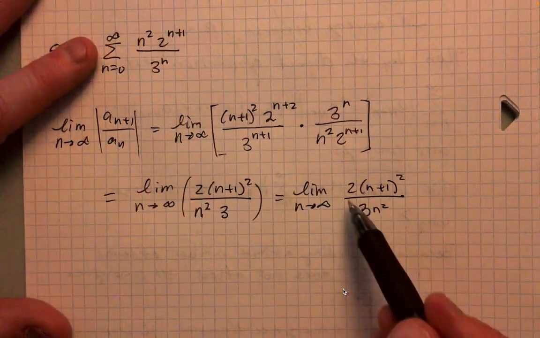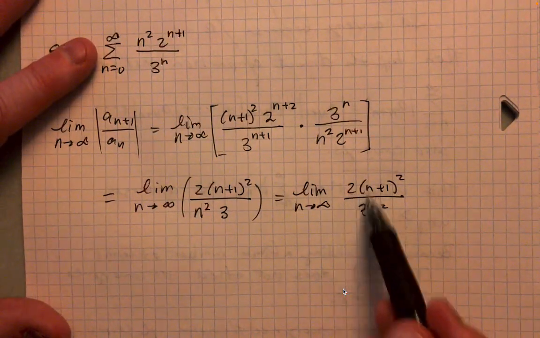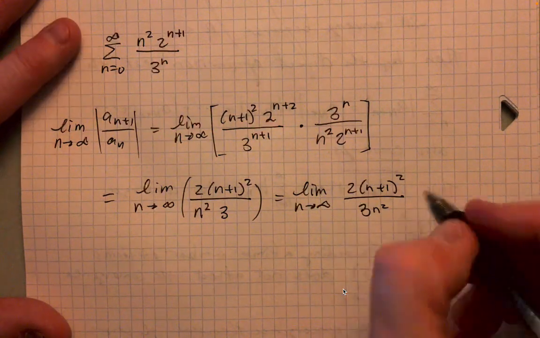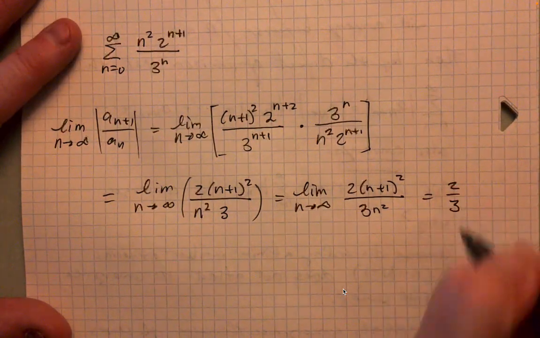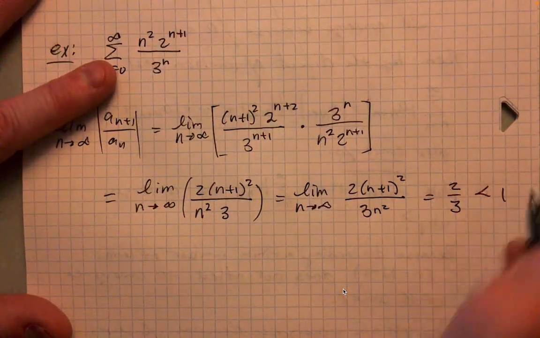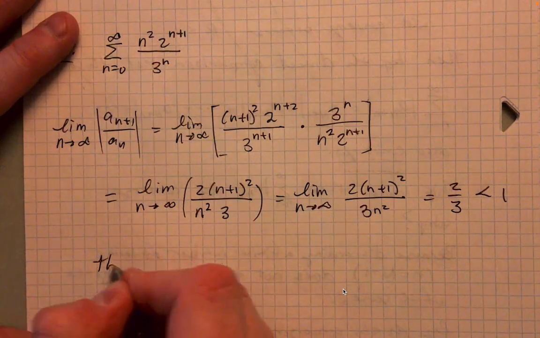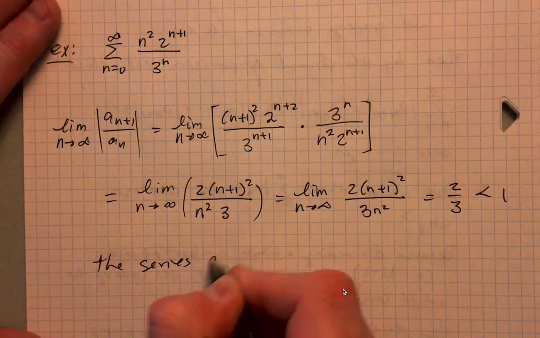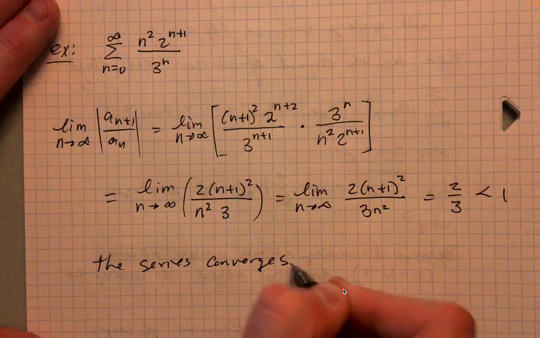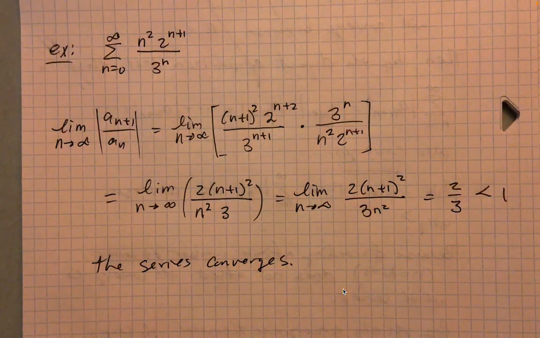But the fact that it's 2n squared on the top and 3n squared on the bottom means that the limit is 2/3. And that's less than 1. So the series converges. Perfect. So the series converges by the ratio test.